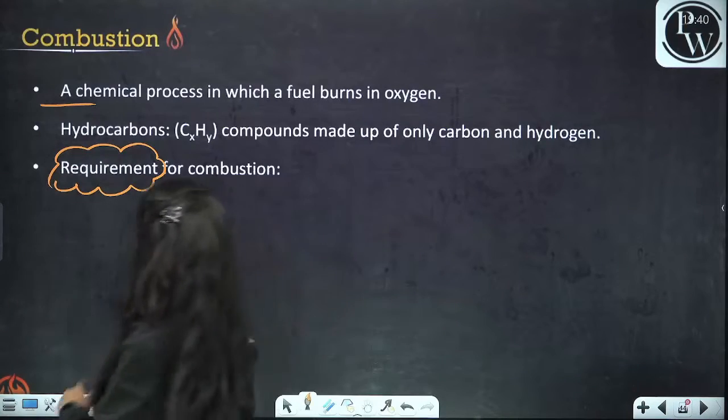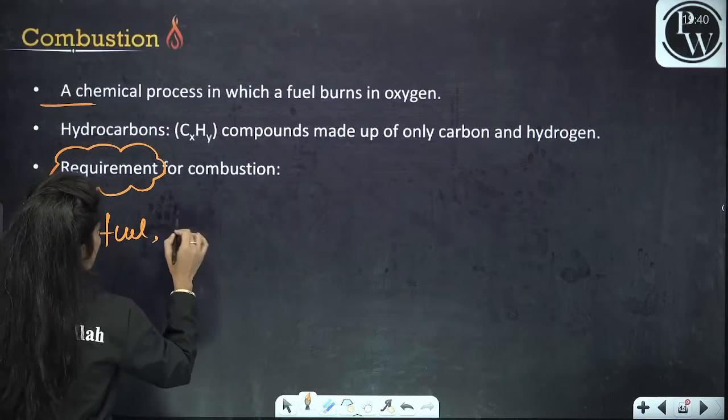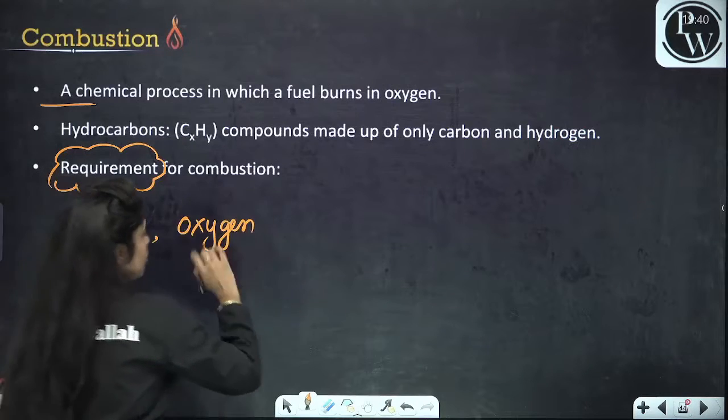The requirements of combustion are your fuel, heat and oxygen, or the air having oxygen.